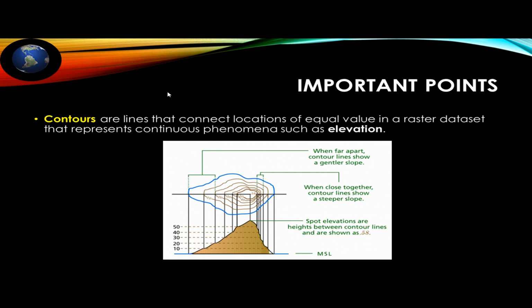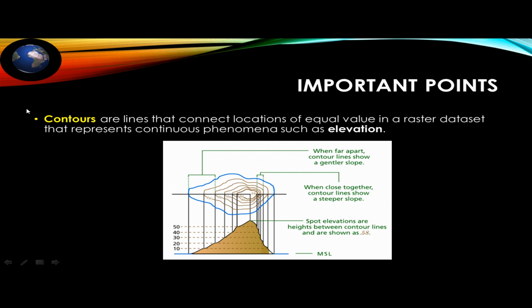Raster data represents continuous phenomena such as elevation. You can see here, I have shown you one previous image, also on contour, DEM, DTM, as I said in previous classes. So contour lines connect equal elevation or equal data set points.